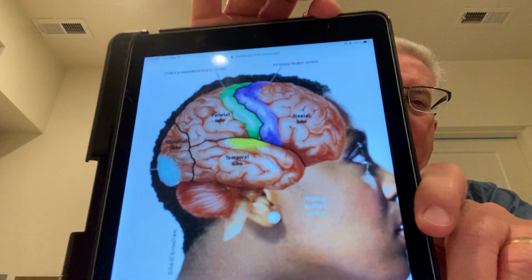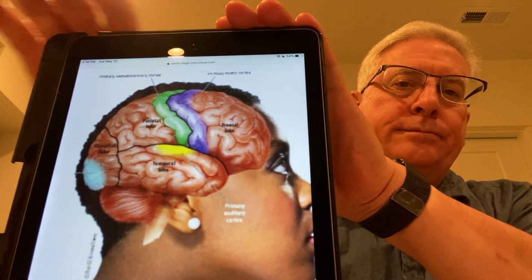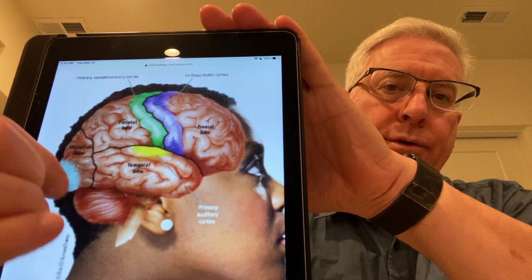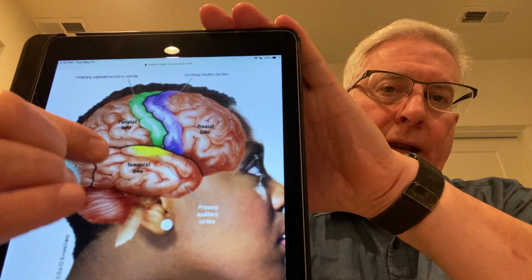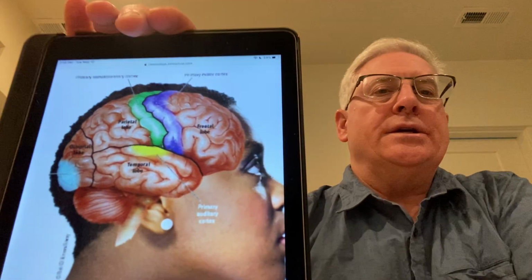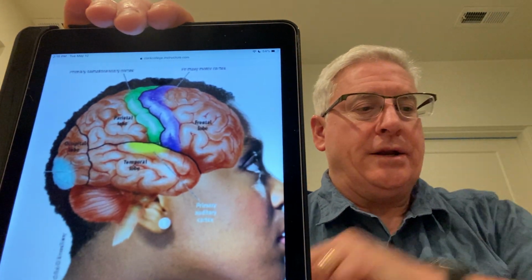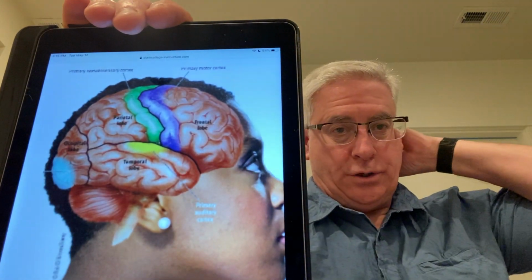Next is the occipital lobe. The occipital lobe is right back here in the back of your brain. That occipital lobe is all about vision. All of your vision is managed and controlled by the occipital lobe.